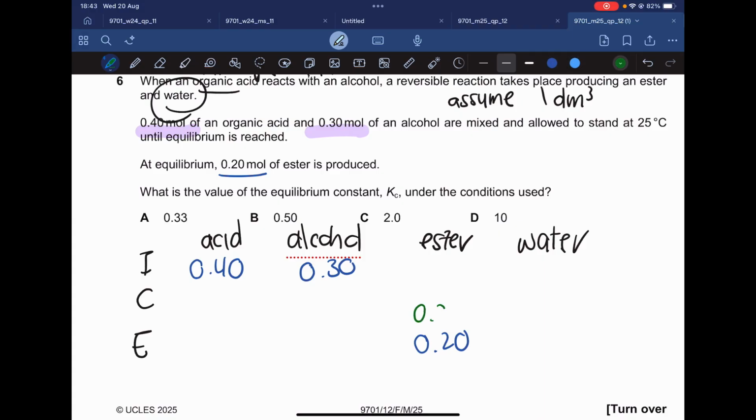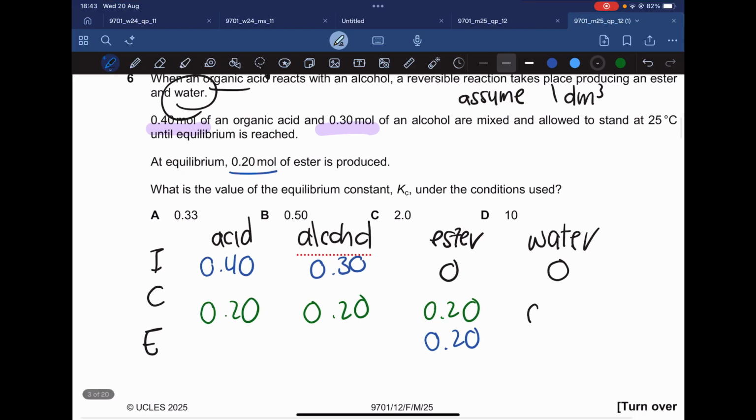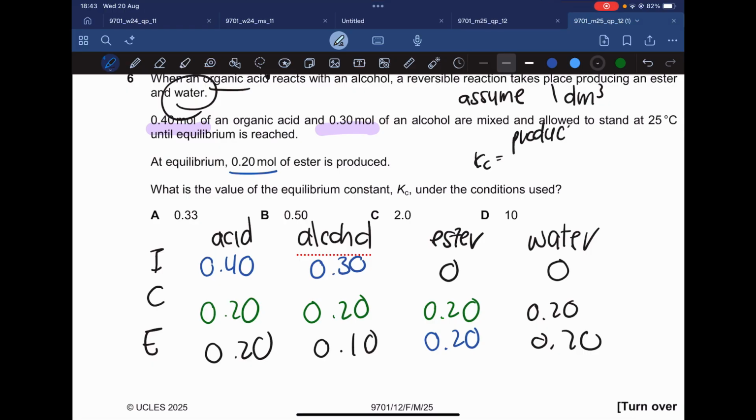So this is 0.20, 0.20, and 0.20. And now when we do our calculations, we can see that we started at 0 here, and this must mean the same thing here. And this is 0.3 minus 0.2, 0.20, like that. Now, Kc, remember, is product over reactant.